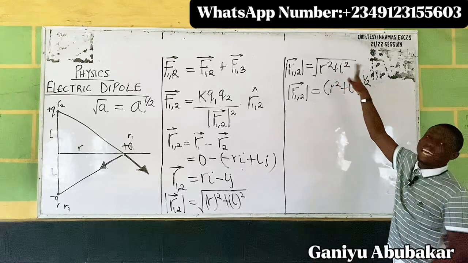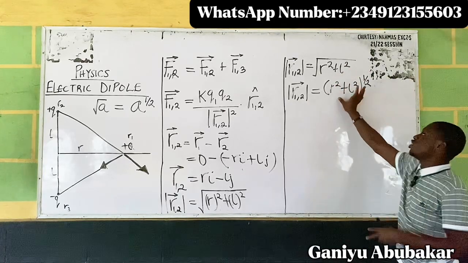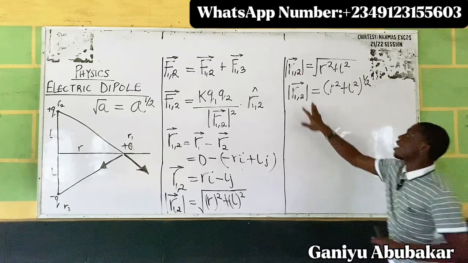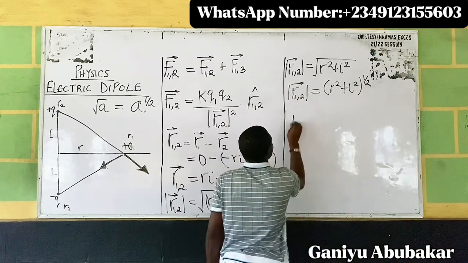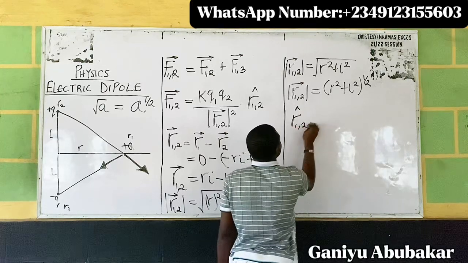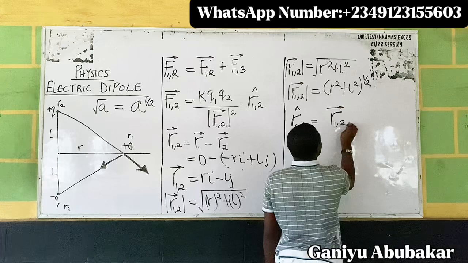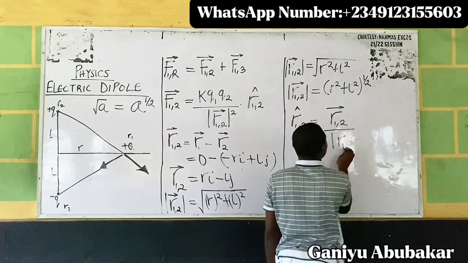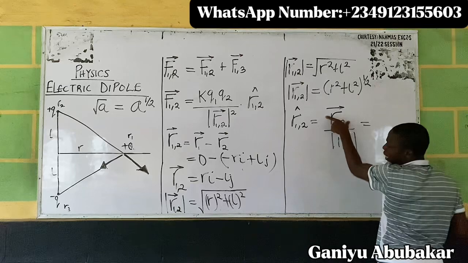We will have it squared and get the answer. But we're just doing the derivation, right? I've gotten R12, a magnitude. Let's get the unit vector. The unit vector of R12 is equal to the position vector of R12 all over the magnitude of R12. This one here is this.